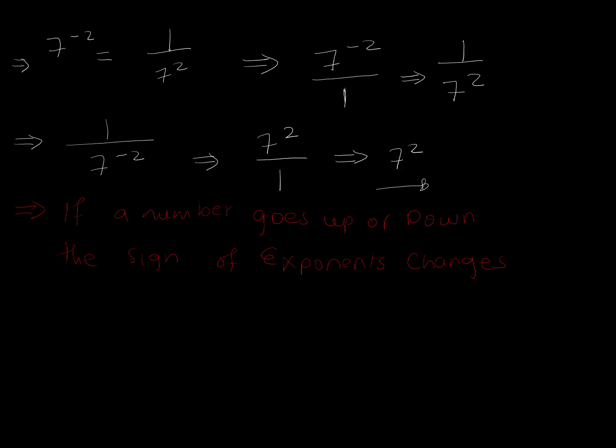So I realize that it's best we continue with this lesson, because I don't want us to discuss these things in the next lesson. I just want us to dive into examples, to work on more complicated examples. So if a number goes up or down, what happens to the sign of the exponent? The sign of the exponent changes.